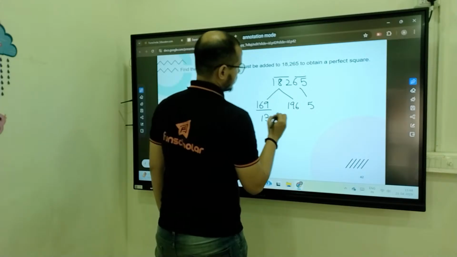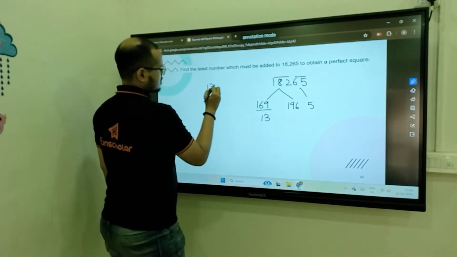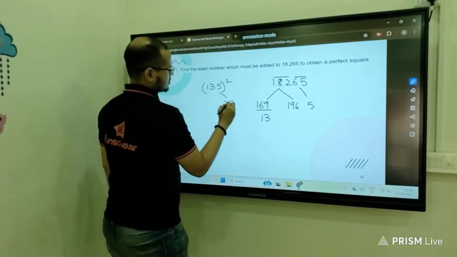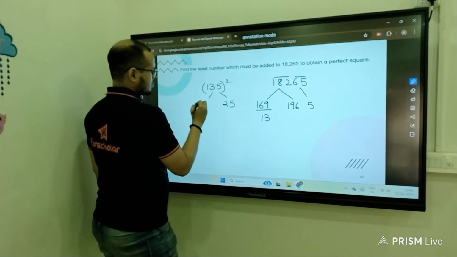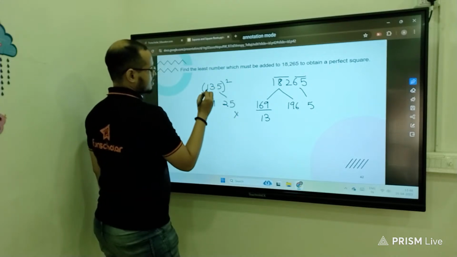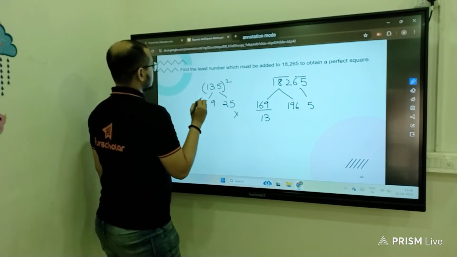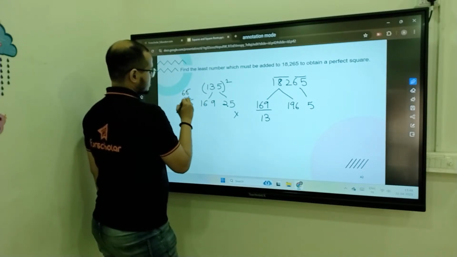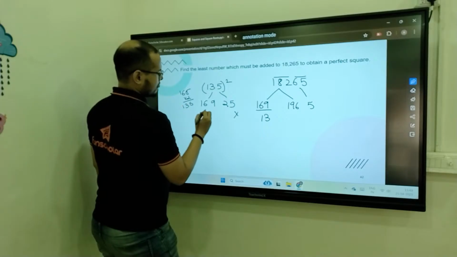This is 30. So 135 whole square will give us 25. 13 square is 169, 13 into 5, 65. 65 into 2 will give us 130.